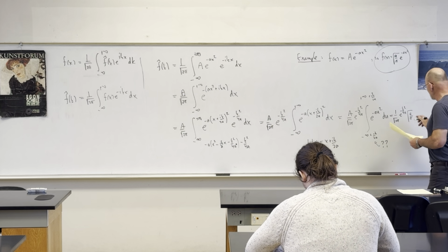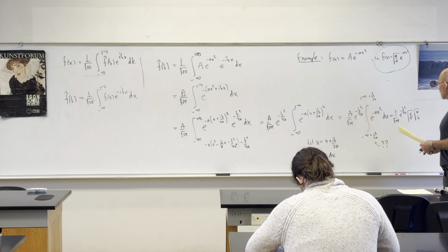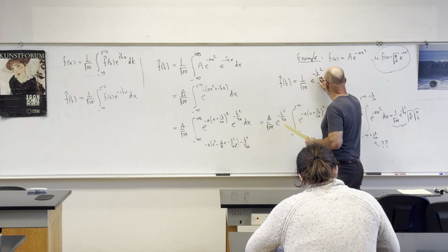From the integral, it's going to be root pi over a. Those are going to cancel. And I'm just going to have this here left. Okay. So let's go ahead and put this in here. I get f hat of k equals 1 over root 2 pi e to the minus k squared over 4a.